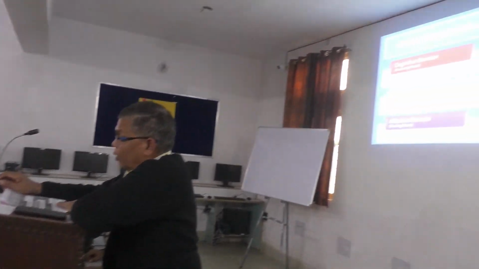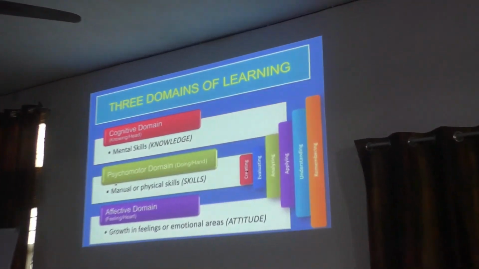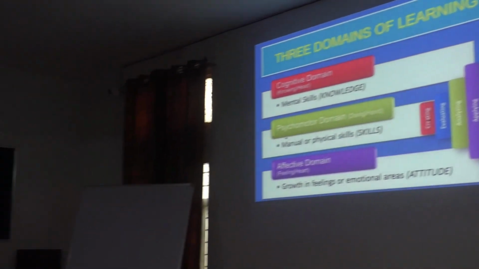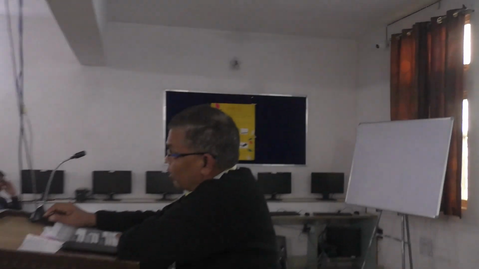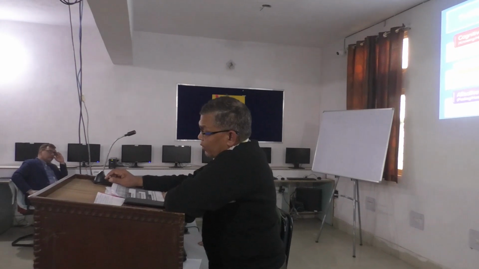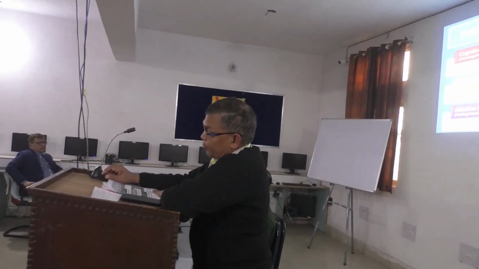So, from the video, you have seen that there are three domains of learning. Number one is the cognitive domain, which involves knowledge and which can be understood in the mind. That is mental skills or knowledge. It comes in cognitive domain.